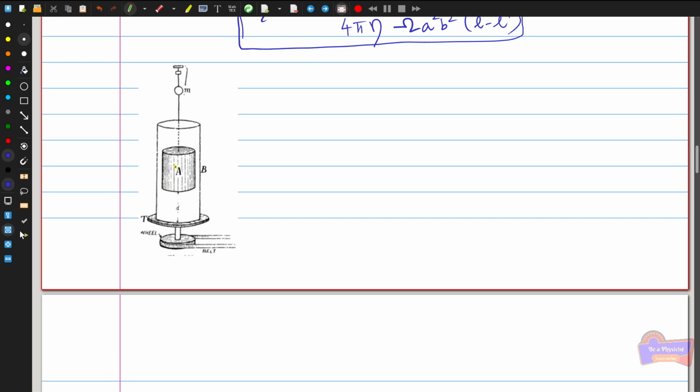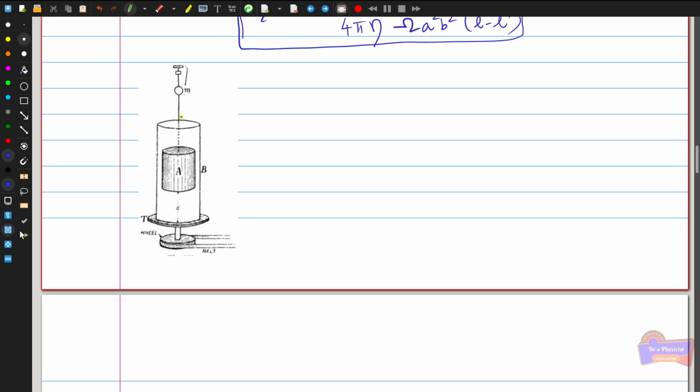The inner cylinder A is suspended inside B by a long thin suspension wire, which carries a small mirror, enabling us to find the angle of rotation theta caused by the constant rotation of the outer cylinder B, which can be noted accurately using a scale and telescope arrangement.